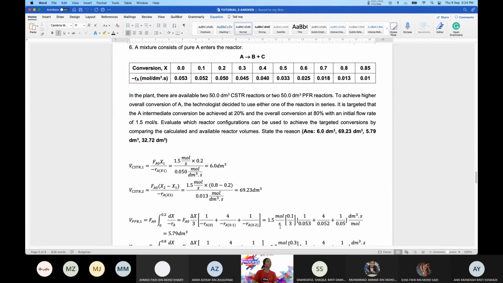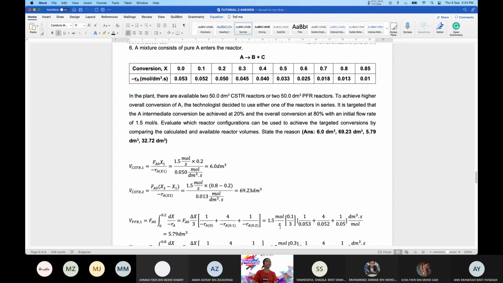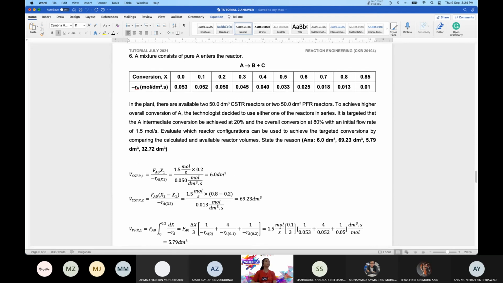Okay, so the next question is question number 6. The question says a mixture consisting of pure A enters the reactor. Again, they give us pure A only, so it's easier, fewer problems. They give us a table of information, the same, conversion and minus RA.